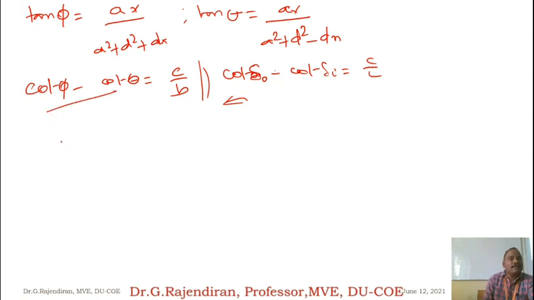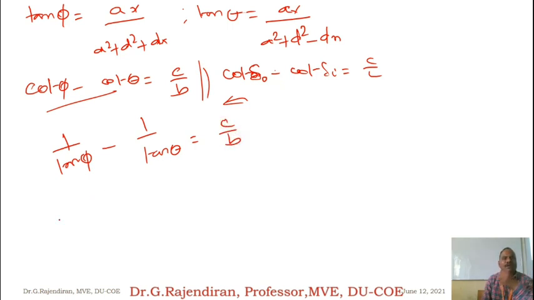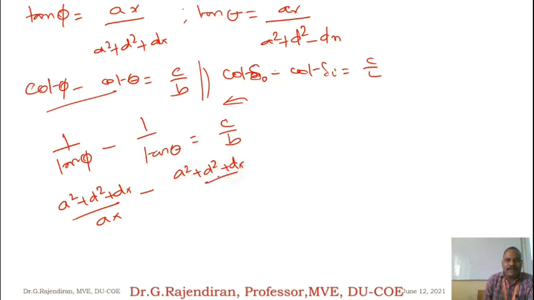Now, 1 by tan phi minus 1 by tan theta is equal to c by L. What is 1 by tan phi? A square plus d square plus dx divided by ax, minus a square plus d square minus dx divided by ax, is equal to c by b.